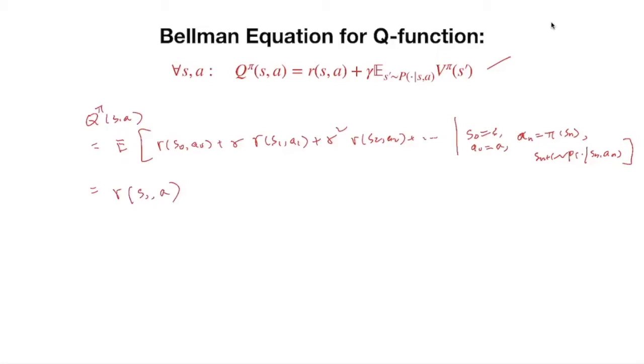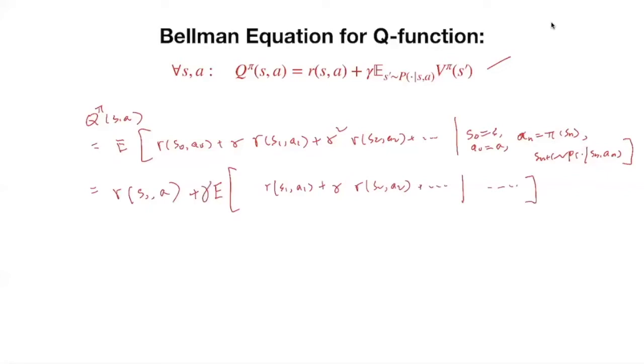These are the two parameters of this Q function definition. And then I just put the expectation, the second term, condition on the same stuff. What I'm going to do is just pull this gamma out.